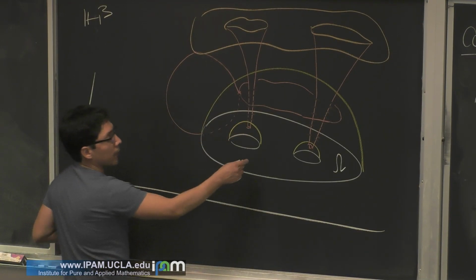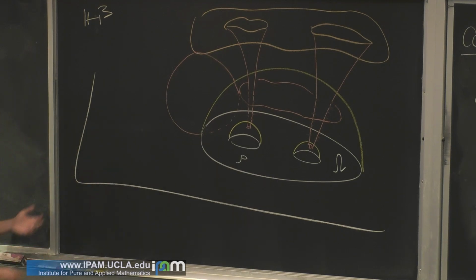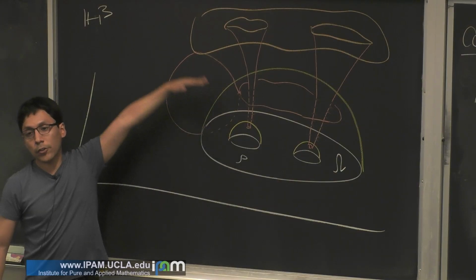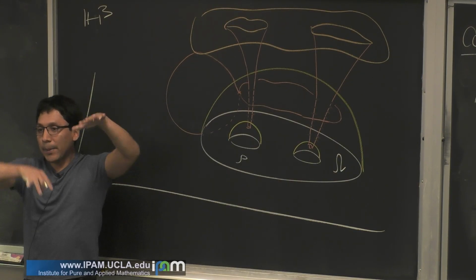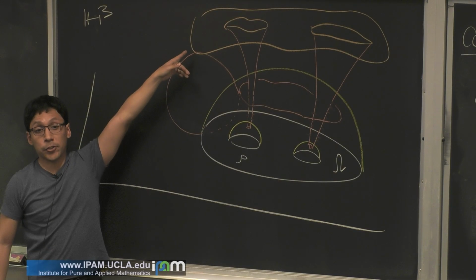And now I'm assuming that here in omega, I just have some conformal metric. This conformal metric is going to draw for me in hyperbolic space a piece of a surface, here drawn in orange.